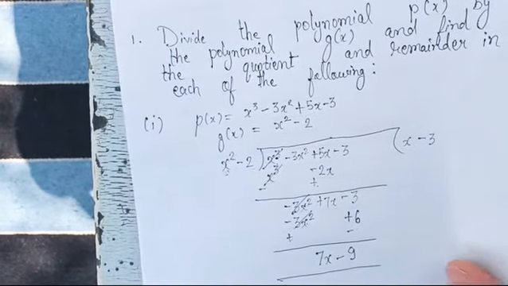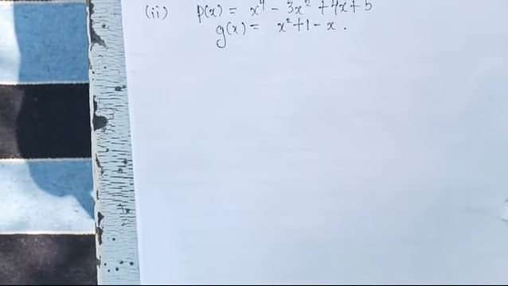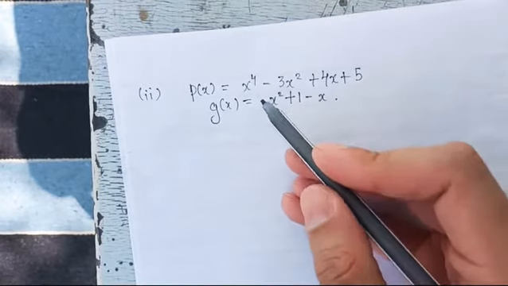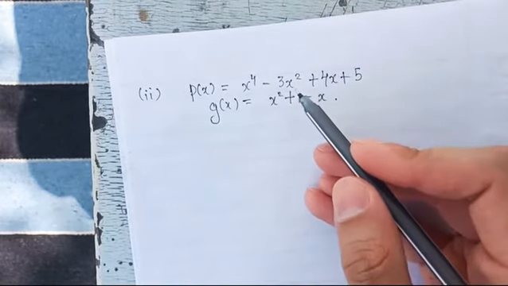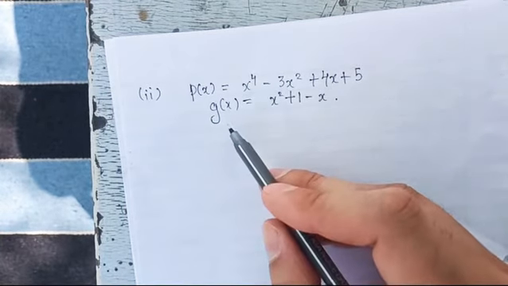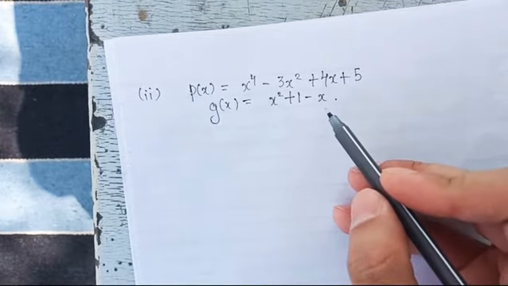Okay, one more question we have. See, in this question, px is given as x to the power 4 minus 3x square plus 4x plus 5. Gx is written as x square plus 1 minus x.